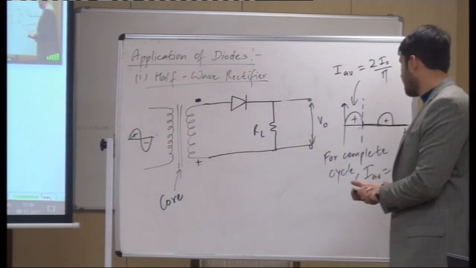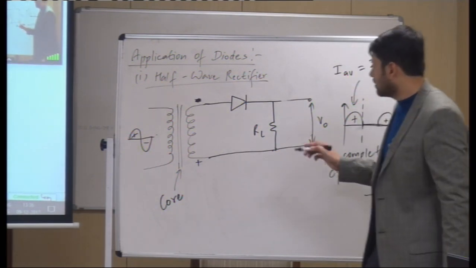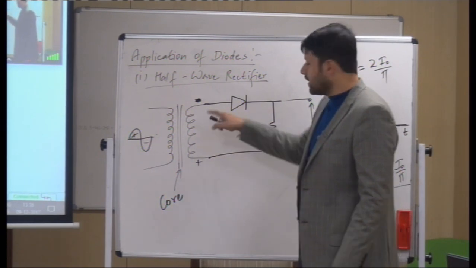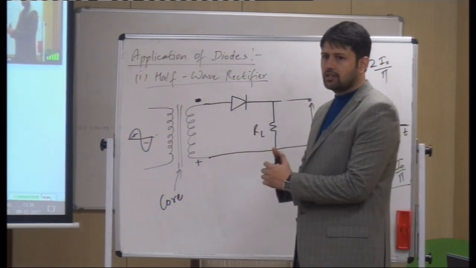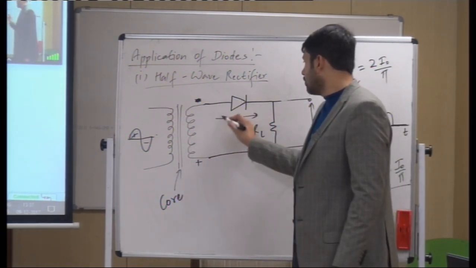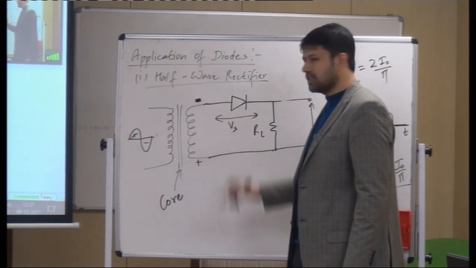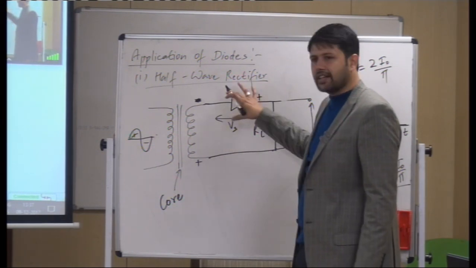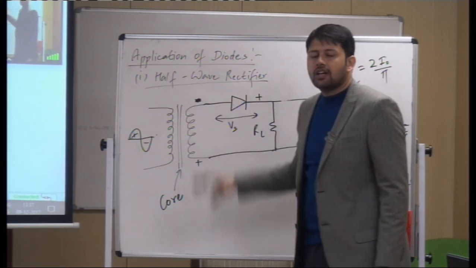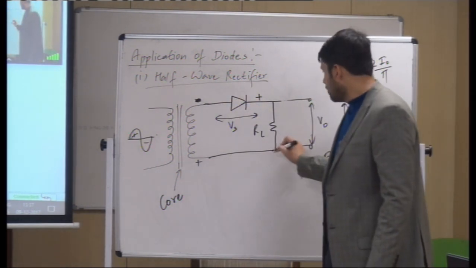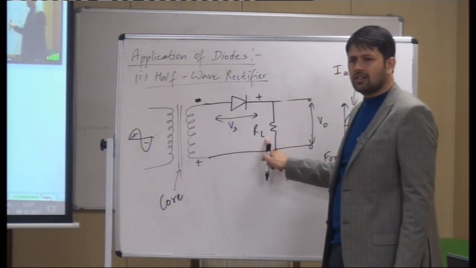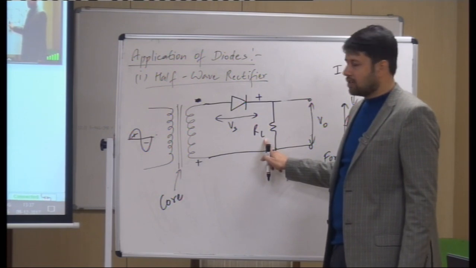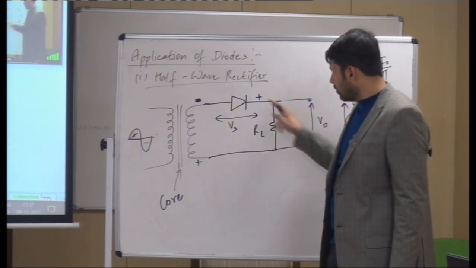Another important factor: in the negative half cycle, the whole of the secondary voltage appears across the diode, right? Because it is like an open circuit. When no current is flowing, the resistor causes no drop in voltage, so the whole of the voltage appears across it.